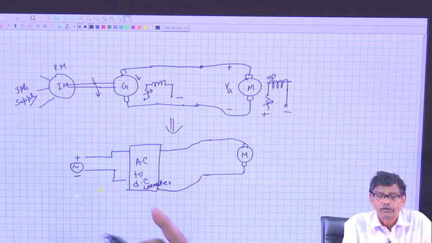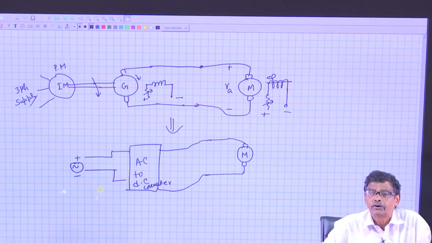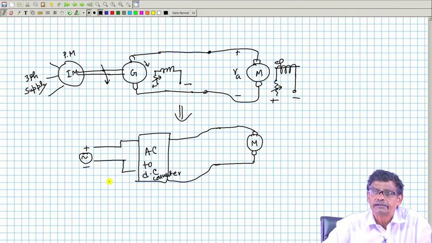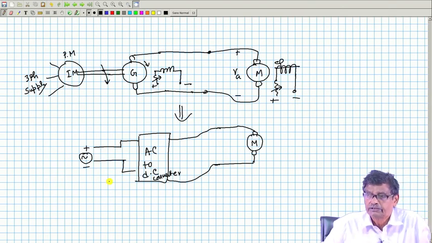This AC to DC converter could be a rectifier bridge, controlled rectifier bridge with thyristor, or it could be some DC to DC chopper circuit.